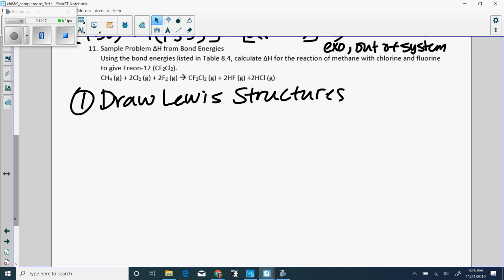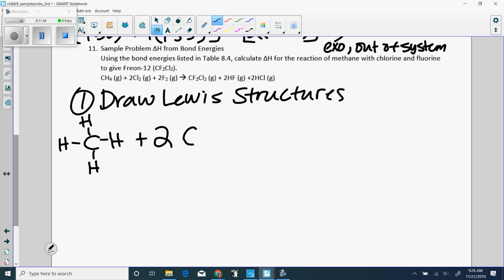So we have methane, CH4. Draw the Lewis structure, because not only is that going to show you it's a single bond, it shows that you have 4 of them. There's 4 bonds in that. Plus balanced equation, 2 diatomic chlorines. This is just how I'm thinking.